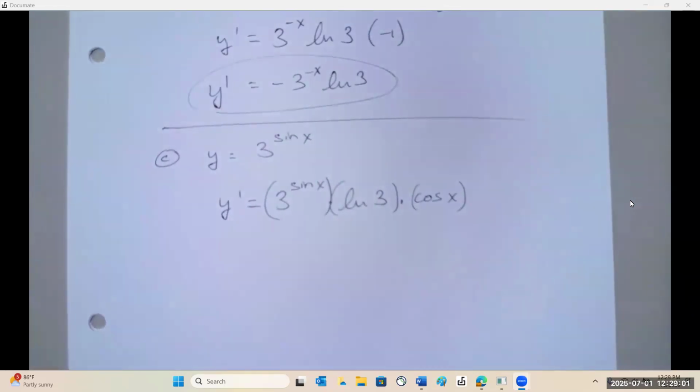All those together multiplied. Pretty straightforwardly boring, not eventful, because fortunately for us, great, e's and ln's are super easy to deal with. Exponentials.